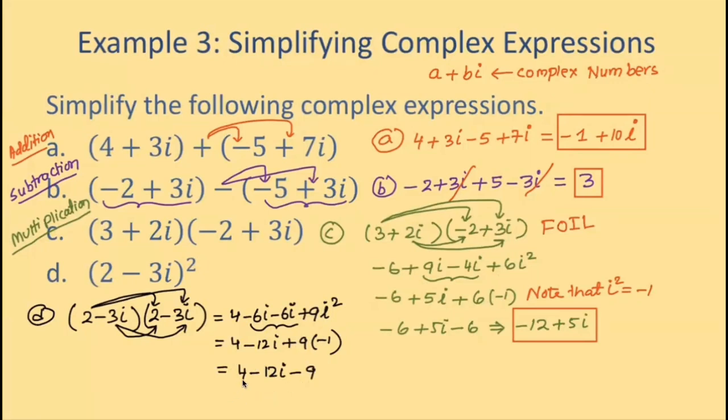After that, you can combine the like terms one more time. 4 minus 9 is a negative 5. Negative 5 minus 12i.